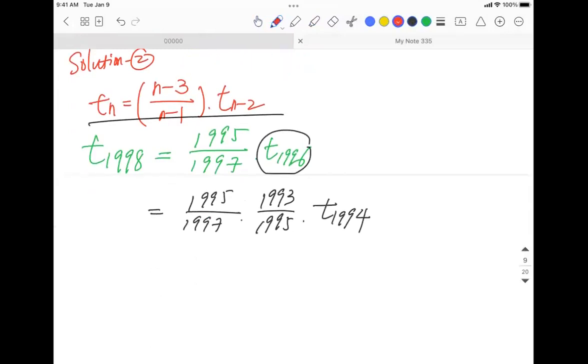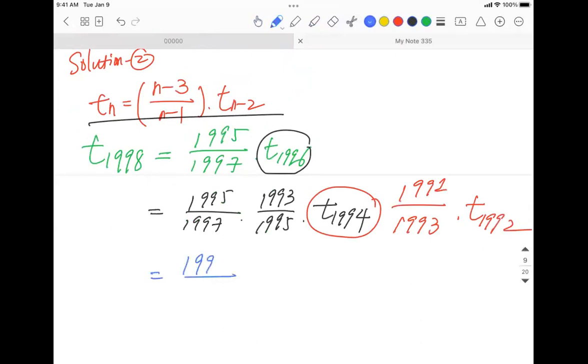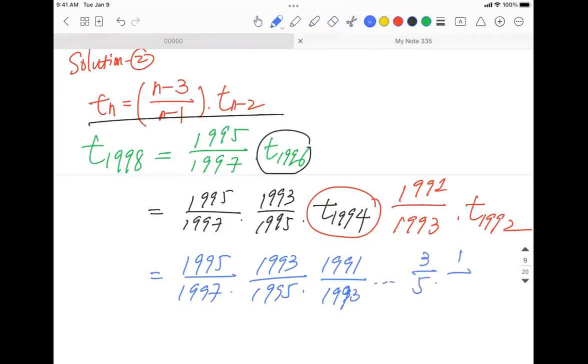And then you keep writing the second thing. T1994 can be written as what? 1991 times 1993 over T1992. Right? You can keep writing that again and again, all the way to the end. You're going to have 1995 times 1997, 1993 times 1995, 1991 times 1993, all the way to 3 times 5, 1 times 3, over T2.